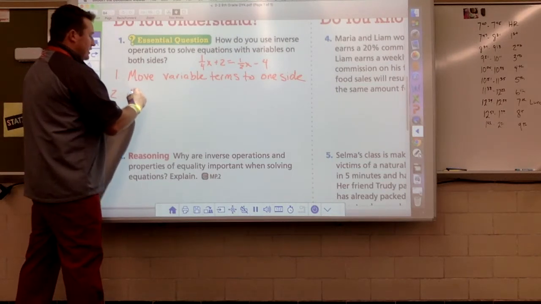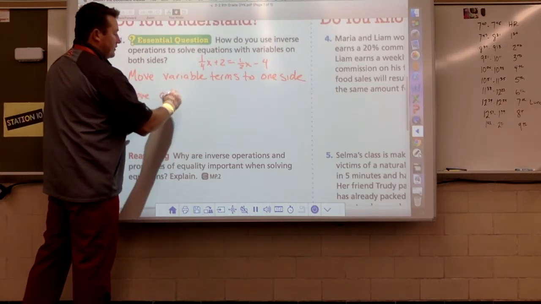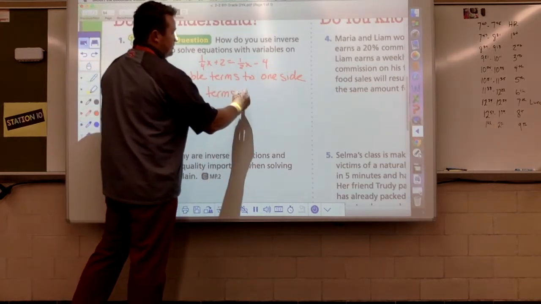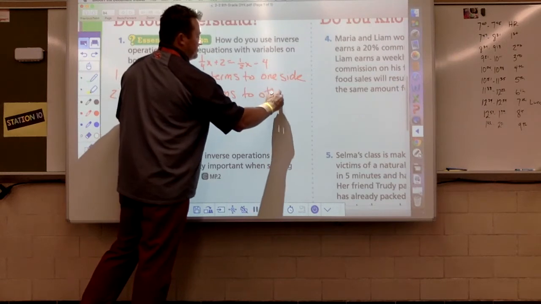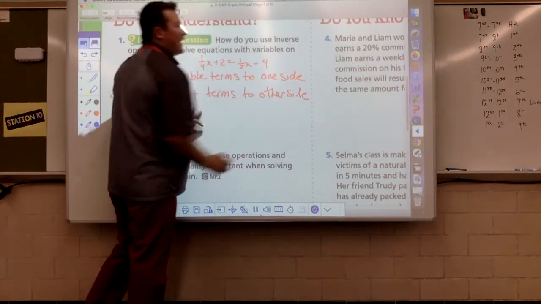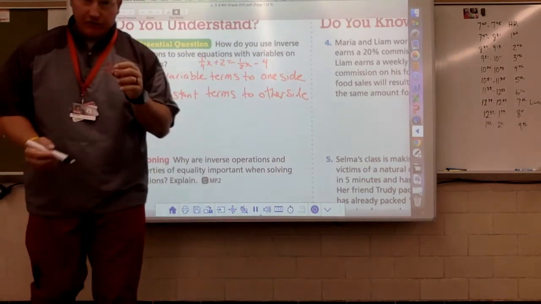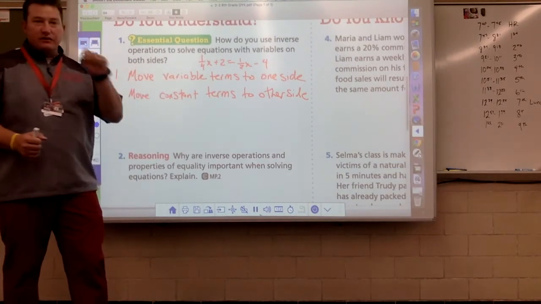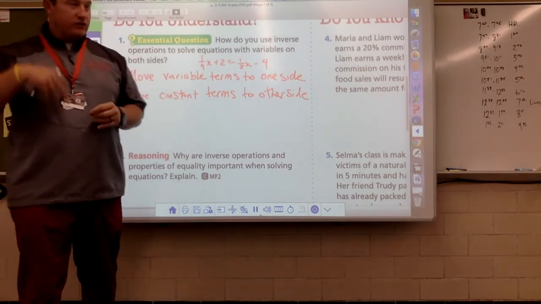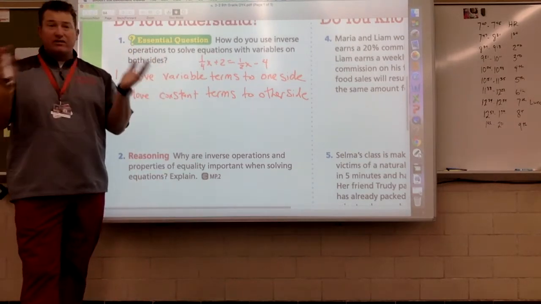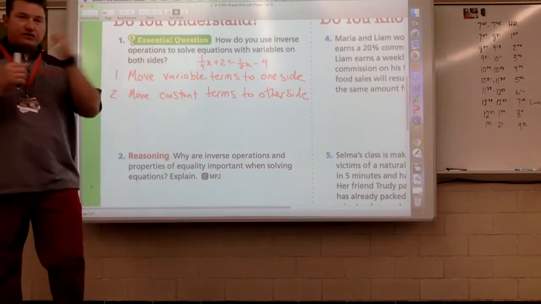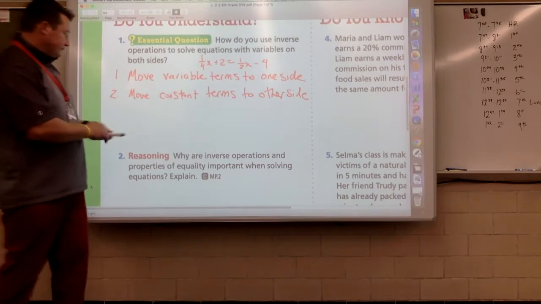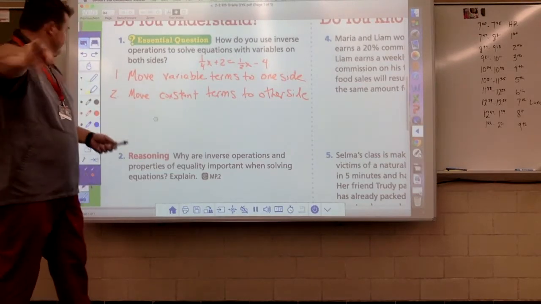So we can move constant terms again. They have to move away from the variable, so they have to go to the other side. Okay, that's how we use inverse operations to solve these equations, right? Really, to solve any equation, guys. Collect your variable terms on one side, move your constant terms to the other. Okay, guys, good? Of course you are.